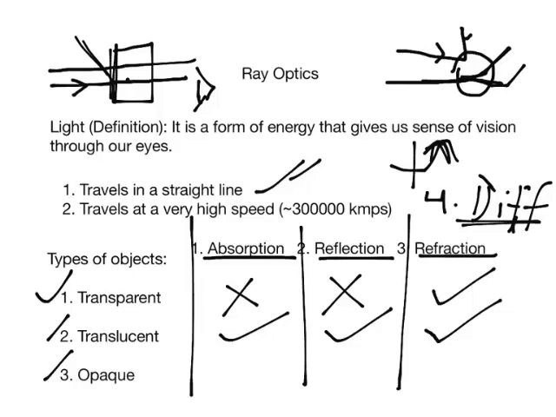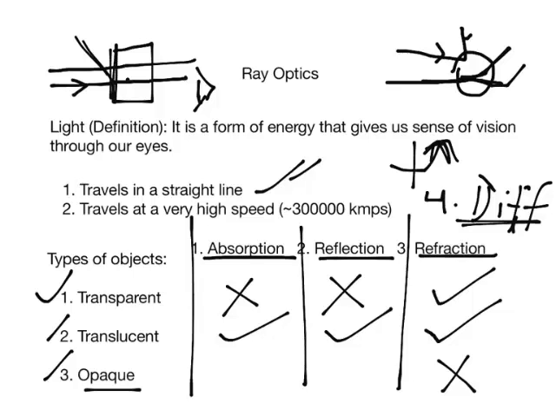And opaque objects do not allow any amount of light to pass through, the ideal opaque object. So there is no possibility of refraction, because as I said, refraction has to do with light passing through the object.